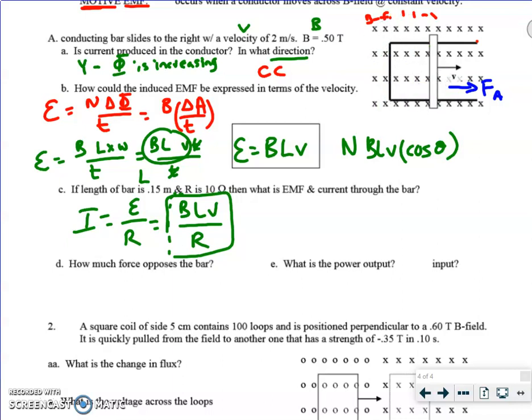If we look at the current, it's going this way, this way, this way, and then this way. So in all four cases, we're cutting across the magnetic field, so each one of those segments feels a sideways force. We can deduce, without going into it, that these two are going to cancel out. They're going to be equal and opposite. This wire is fixed in place, so we really don't care about it. So let's focus on the force that the bar feels, because that's what we're interested in.